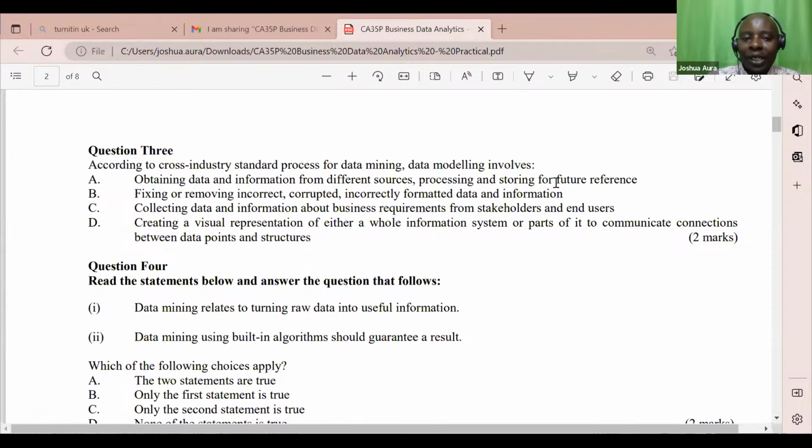When we talk of data modeling, it's creating a visual representation of either a whole information system or parts of it to communicate connections, like y equals a plus bx, the regression equation, between data points and what we call structures.